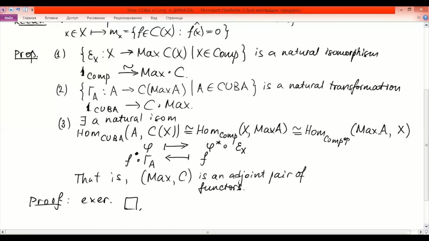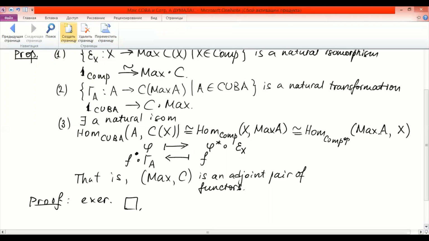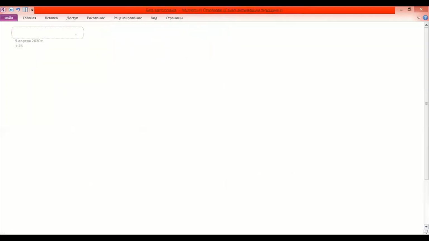Okay, and let's now consider one more category, which will be denoted by CUC star. Objects of this category are commutative unital C star algebras.